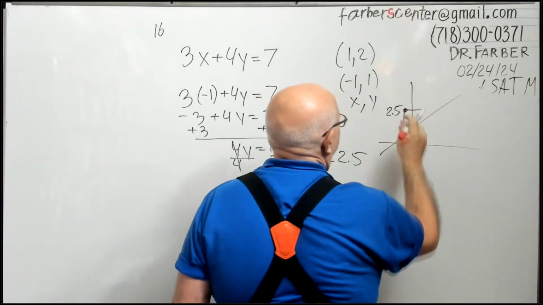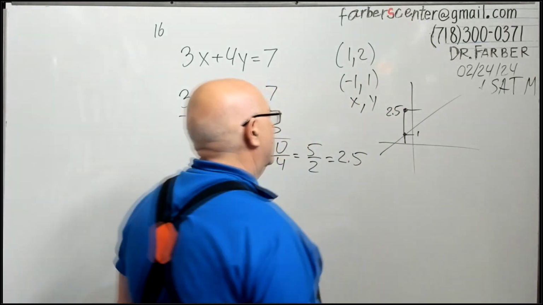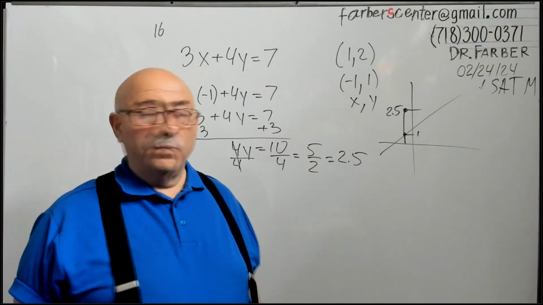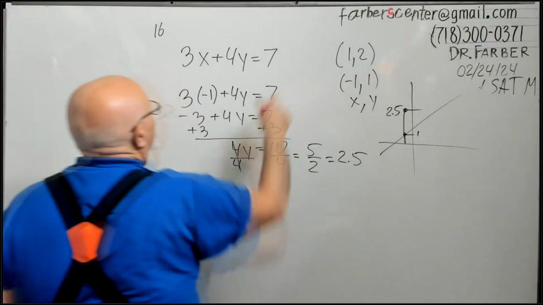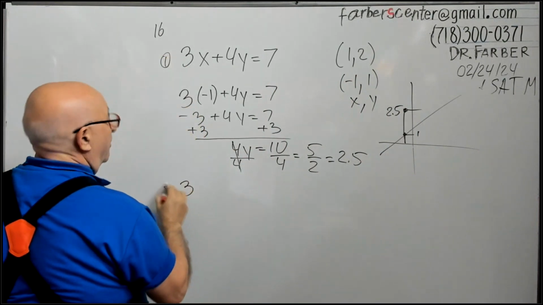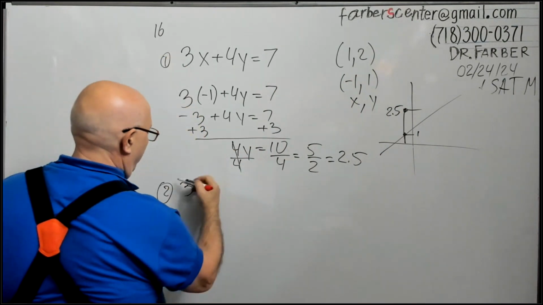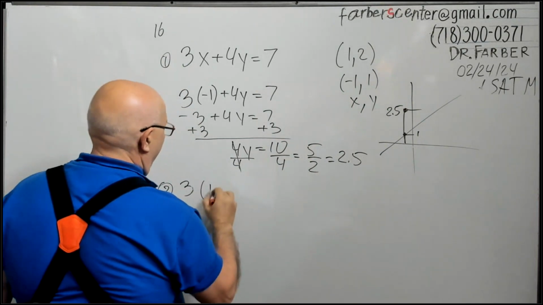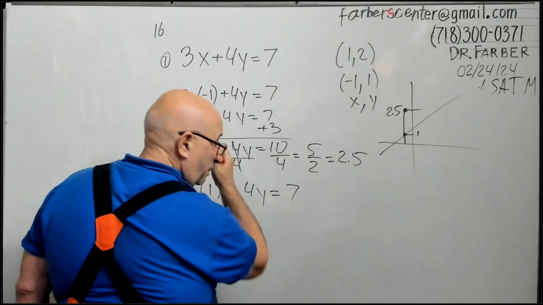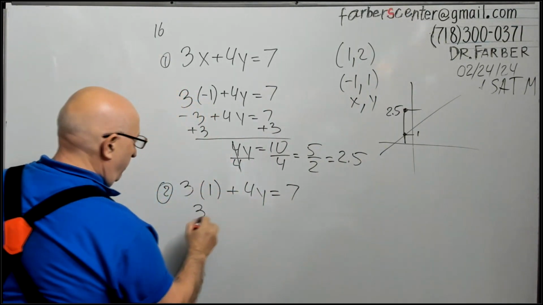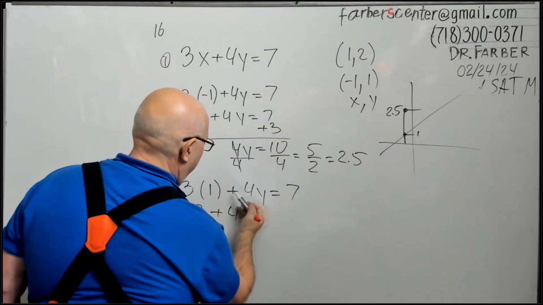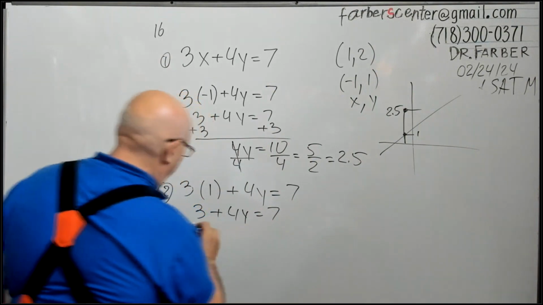You can make the statement this point is above this line. So far so good. In the same manner, if I plug in 1, this is step number 1. 3 times 1 plus 4y equals 7. I get 3 plus 4y equals 7. Minus 3, minus 3.